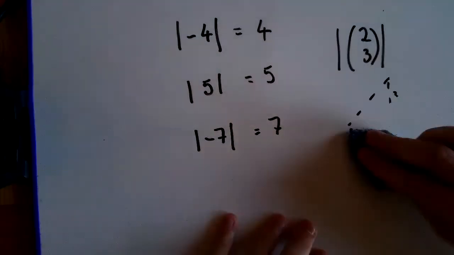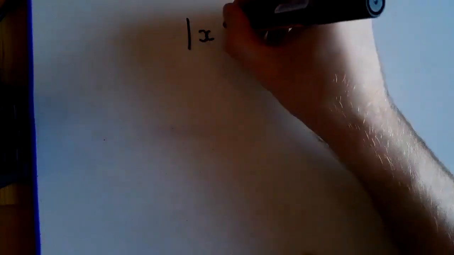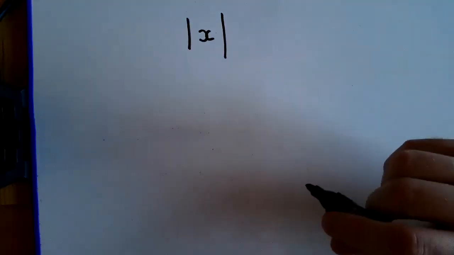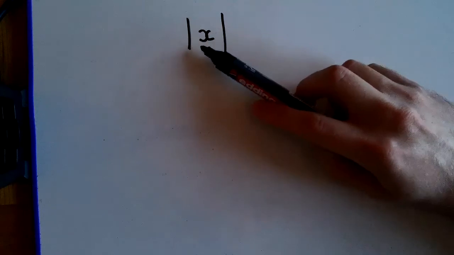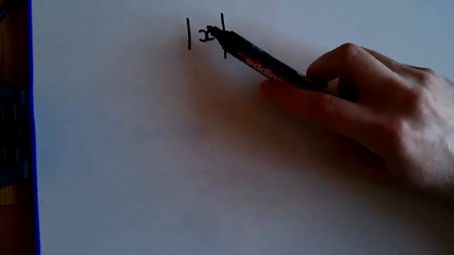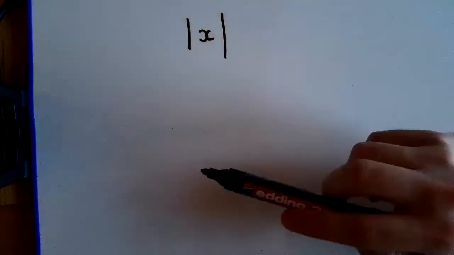So let's have a look at what the modulus does to functions, for example. So if I had modulus around the function x, well, I would need modulus around that, because I could put in -2, which would come out to be 2.